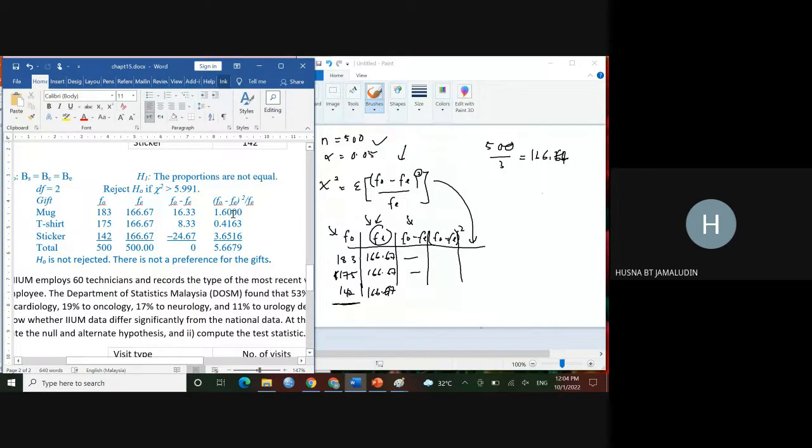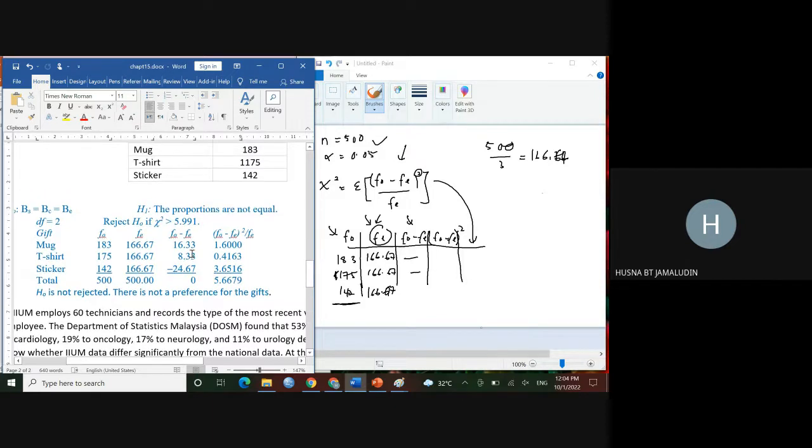Later on, you divide by the expected frequency, and you will get 1.6. Whether you make it as a table or compute straight away using this formula, they will give you the same answer.